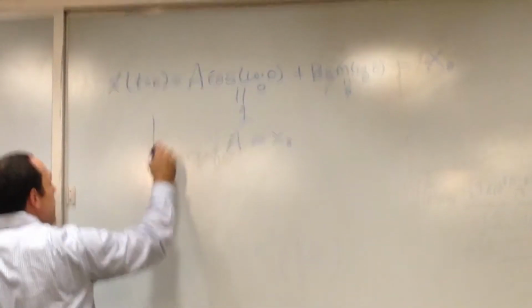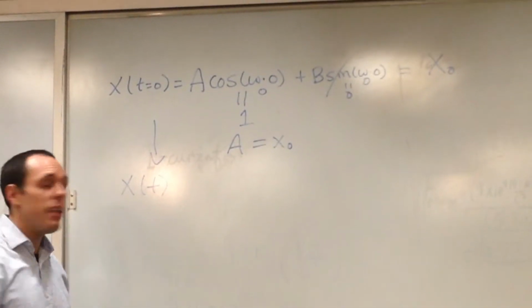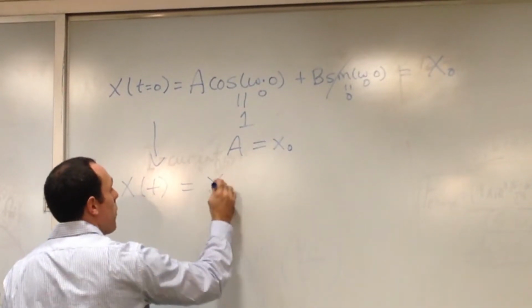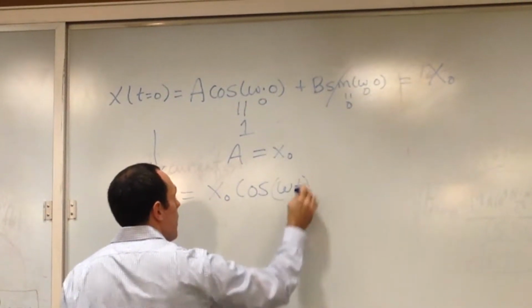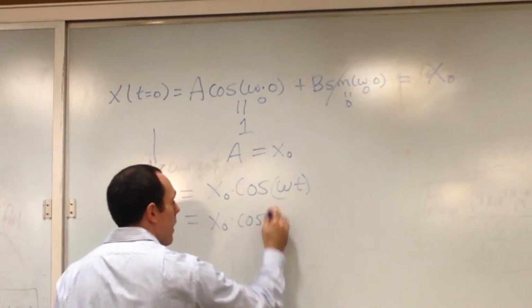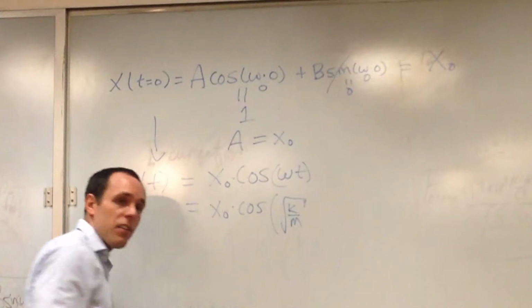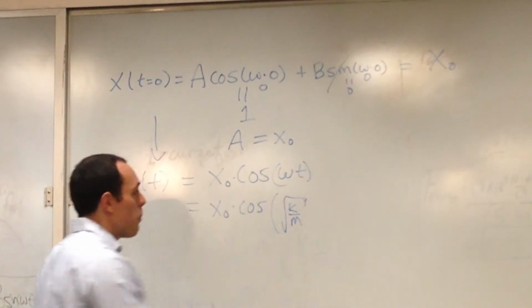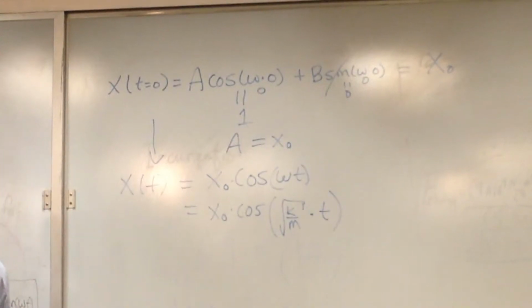And now this completely collapses to say I can find the position at any time t just by being equal to x of 0 times the cosine of omega t, where omega is just the square root of the spring constant k divided by the mass m, multiplied by any time t I care about.